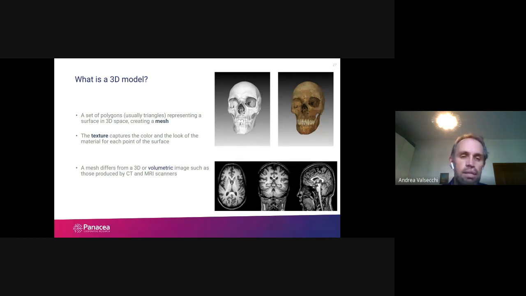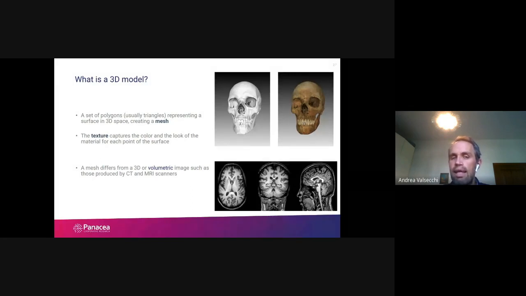But if you look at MRI, for instance, magnetic resonance imaging, you will get a similar kind of image. You can think of these as a series of slices that can be along any direction. So that's a 3D image, and you can actually see what is inside.